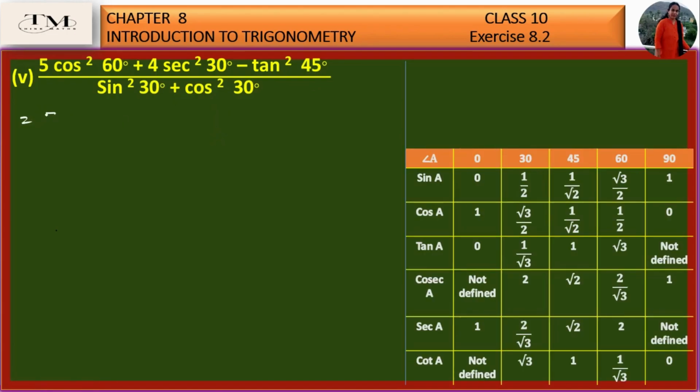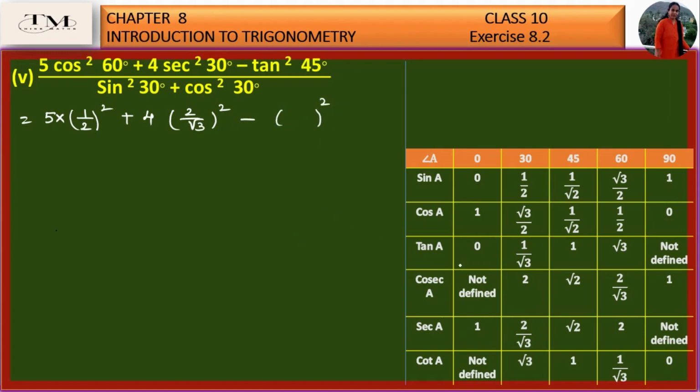So it is 5 cos square 60. So what is cos 60? Cos 60 is 1 by 2. So it is cos square, so (1 by 2) whole square, plus 4 secant square 30. So what is secant 30? Secant 30 is 2 by root 3. So it is (2 by root 3) whole square, minus tan square 45.